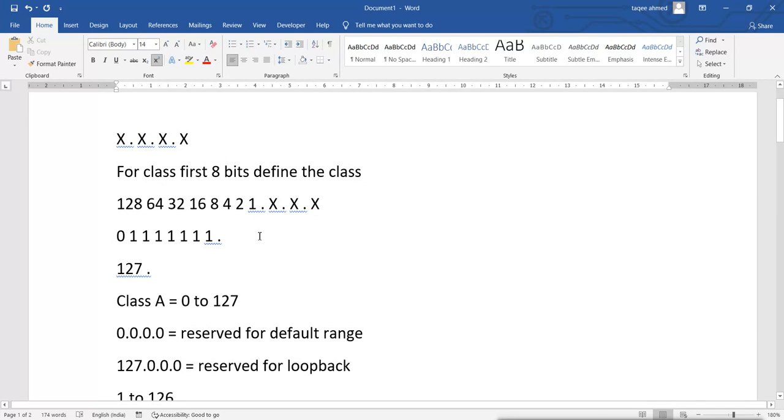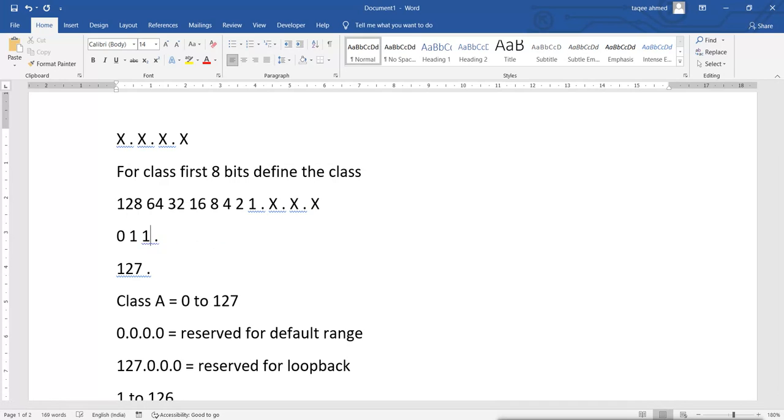In class B we actually have 2 reserved bits in the first 8 bits, and those 2 reserved bits are that the first bit will always be 1 and the second bit will always be 0. The rest of the bits can be anything.